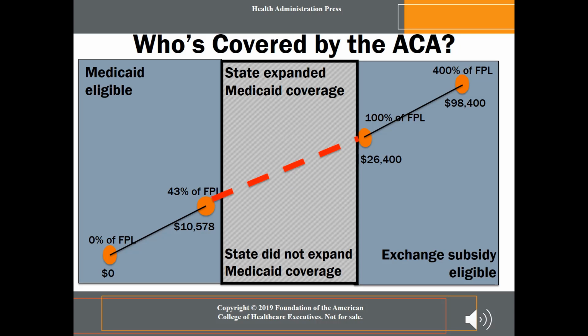In addition, it required every individual to purchase health insurance if they were not otherwise covered by a plan. So importantly, the act provided subsidies to purchase health insurance to everyone whose income was between 100% and 400% of the federal poverty level, or FPL.